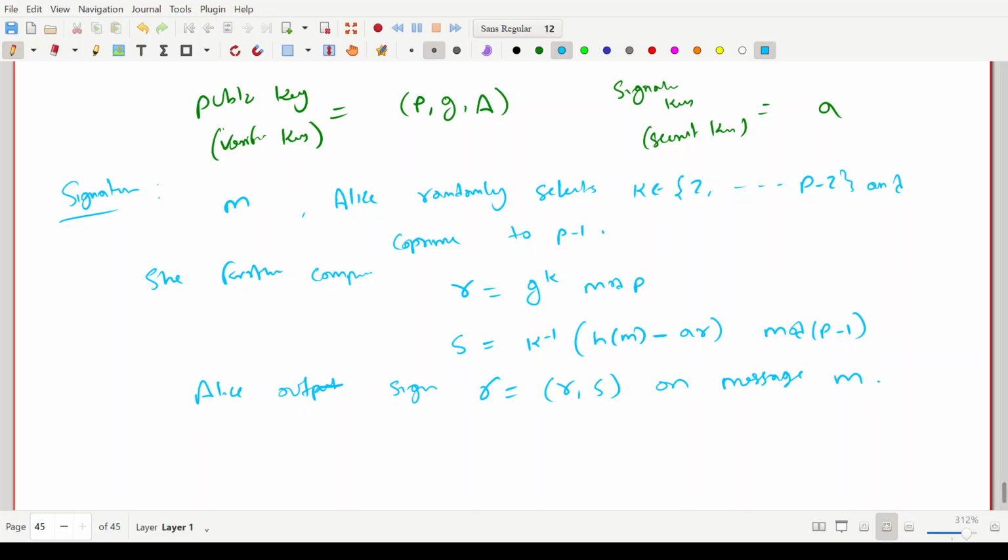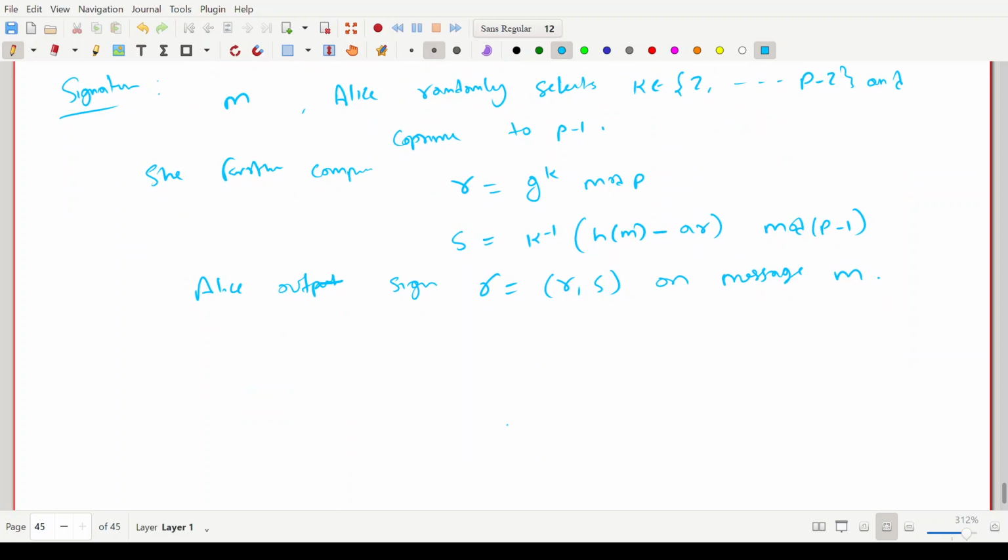Okay. Now for verification, suppose you got the message and signature pair and you want to verify. Bob first checks whether R is less than P minus 1 or not.